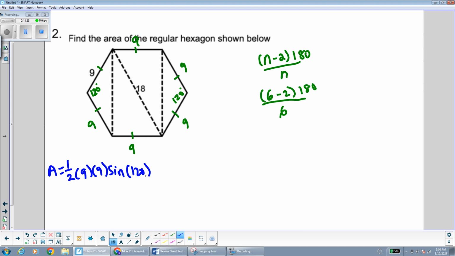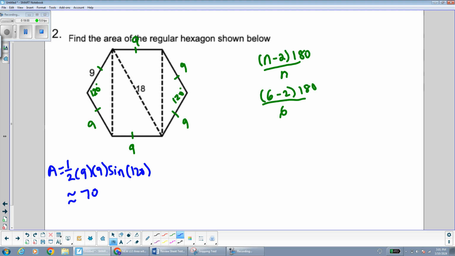I'm going to stick that into my calculator. And I'm going to multiply that by 2 because there are 2 of those triangles. I'm just going to round to the nearest whole number for now. So that's about 70.